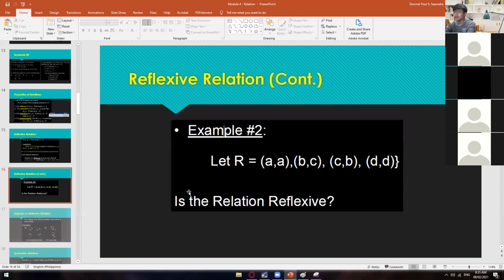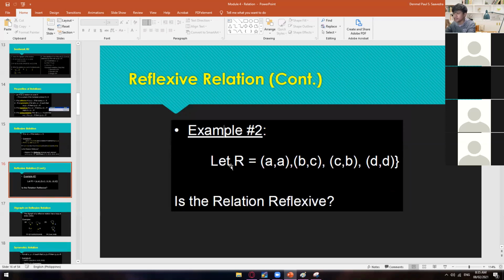All right, so we have here another example. Let R = {(A, A), (B, C), (C, B), (D, B)}. Is this relation reflexive? Yes, sir. What are the elements in our relation?